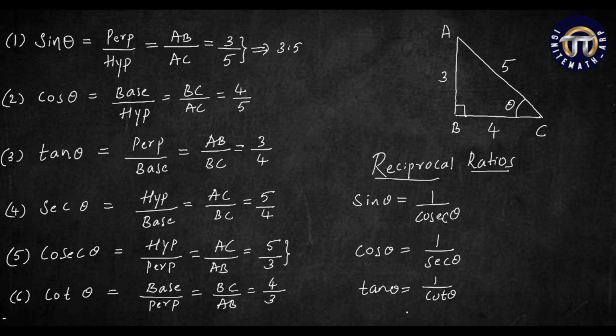So now I would like to bring some very important relations to your kind notice. Please pay attention, children. See here, suppose I divide sin theta by cos theta, what is going to happen? I had taken a right angle triangle.